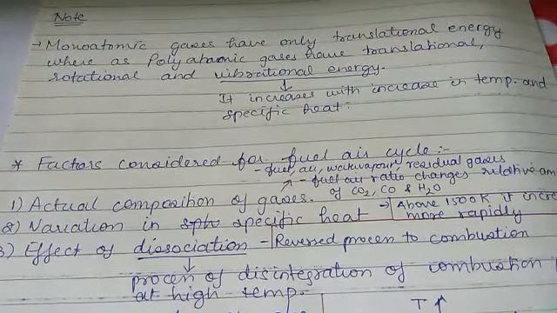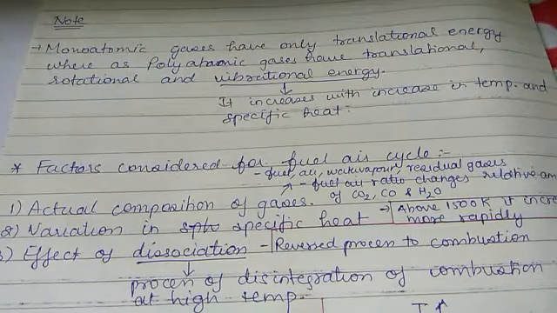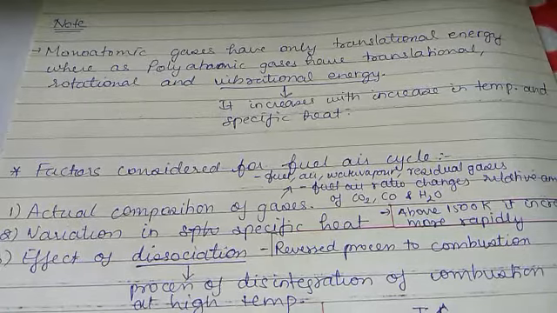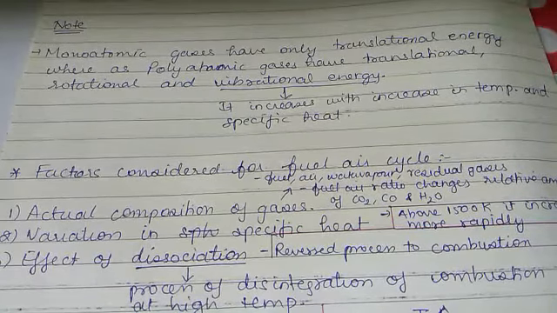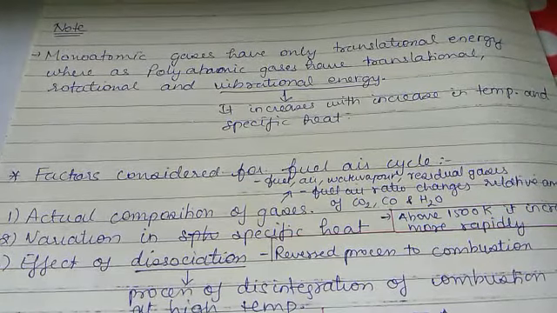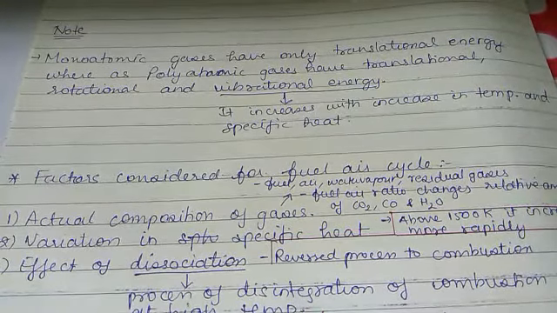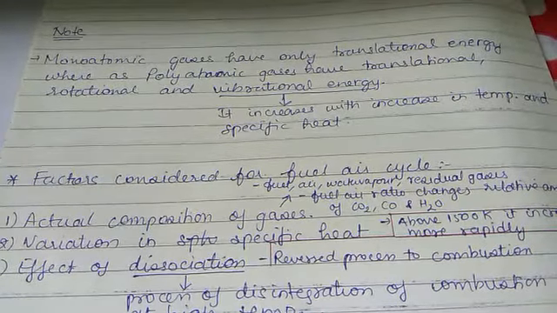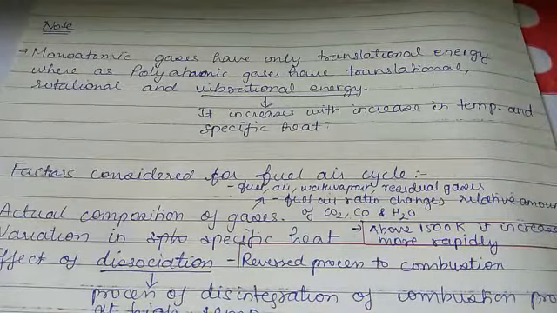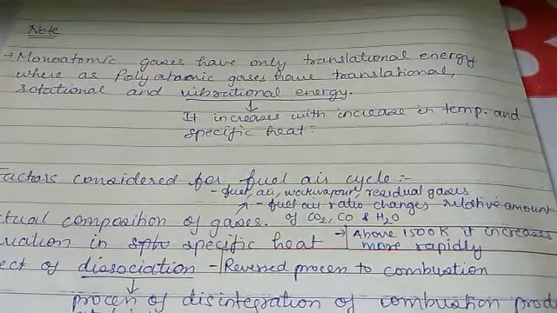As we have studied, monoatomic gases have only translational energy, whereas polyatomic gases have translational, rotational and vibrational energy. Vibrational energy changes with increase in temperature. Up to 1500 Kelvin it increases gradually, but after 1500 Kelvin it increases more rapidly.